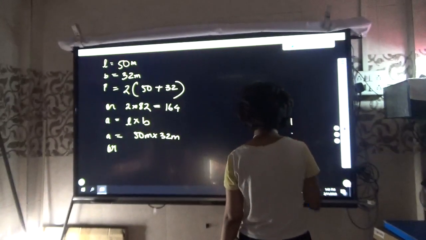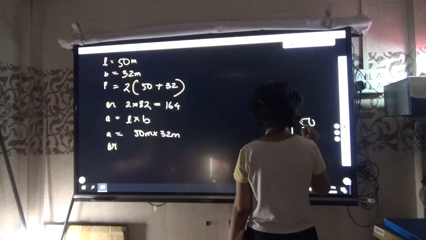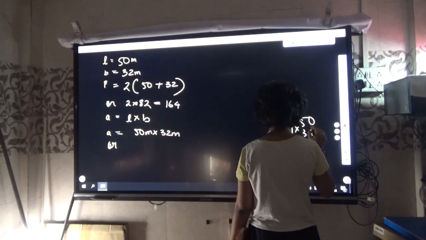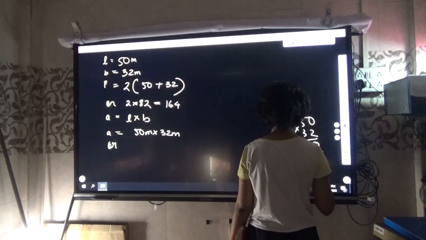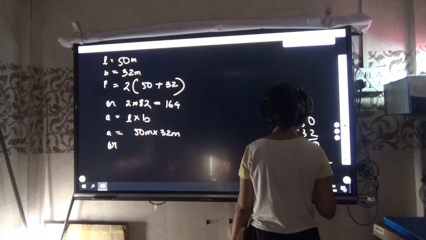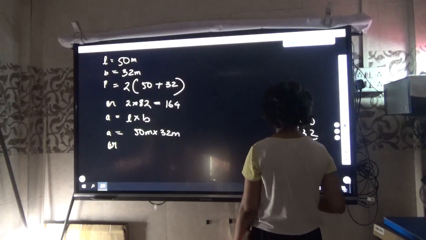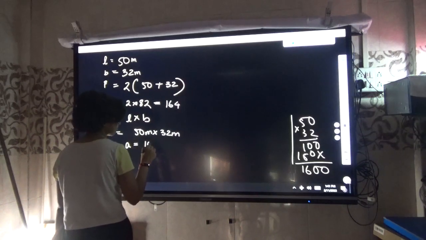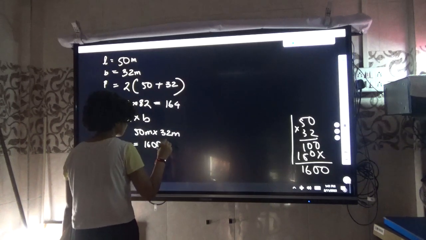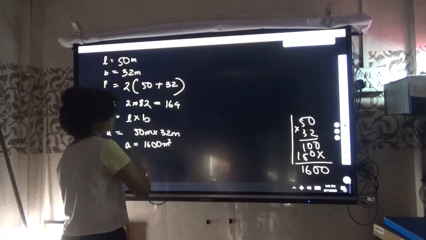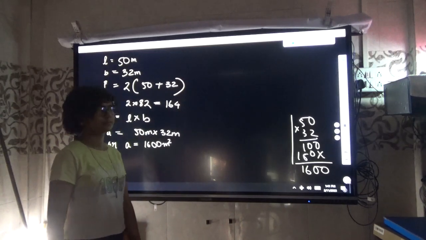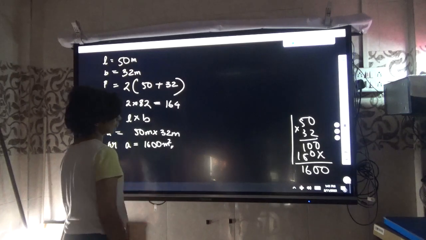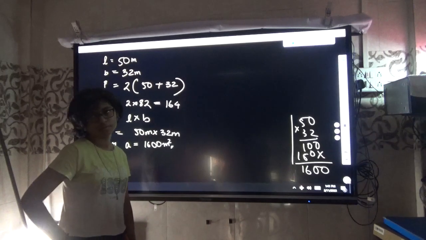Let me do it sidely. Yes, because meter multiplied by meter is good. Correct. Now you understood the sum. Now you do not have any query regarding this.